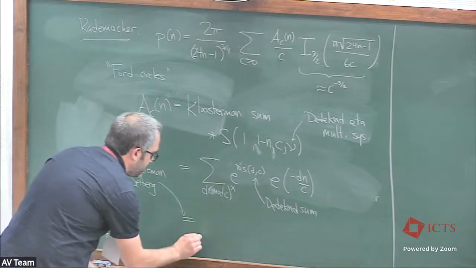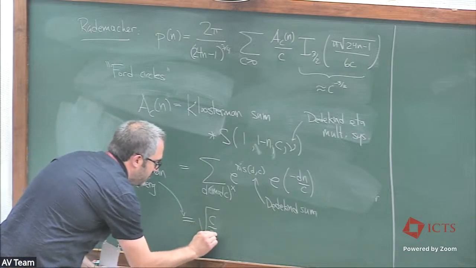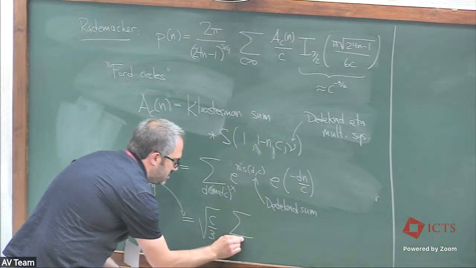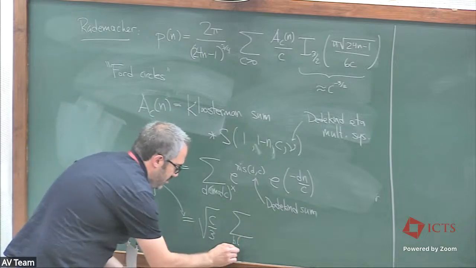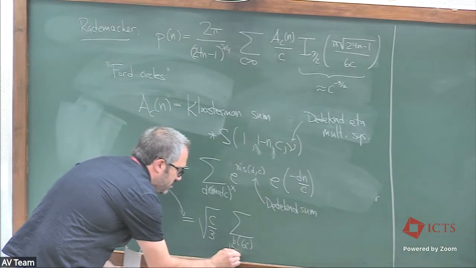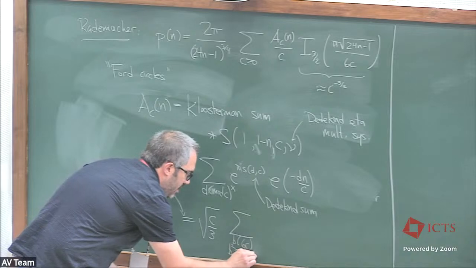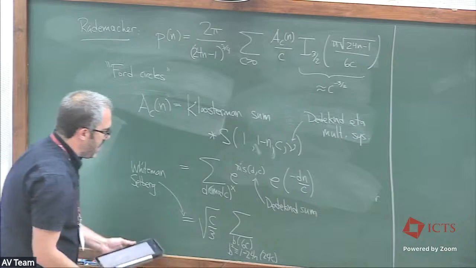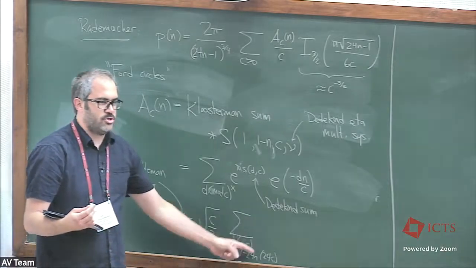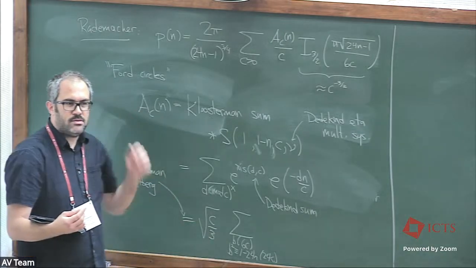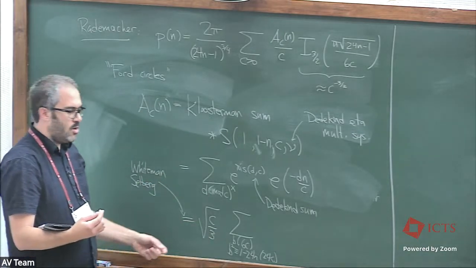Anyway, the formula looks like, well, square root of c over 3, and then a sum over b's mod, I can never remember this, 6c, such that b squared is congruent to 1 minus 24n mod 24c. Okay, something that looked like this showed up yesterday. And I called it Conan's formula, Conan's identity.